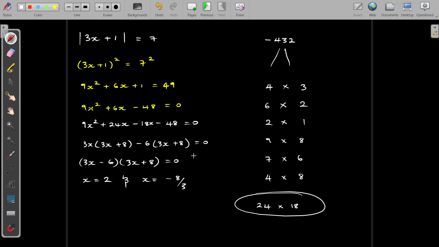So a tip when you're doing AC method, when you get a large number like this, you'd have to look at the last digit and see what are the last digits of your multiplication. So 4 and 3 can give us something with 2, 6 and 2, 2 and 1, 9 and 8, and so on. So once you identify all the possible last digits, you can go ahead and play around with them.